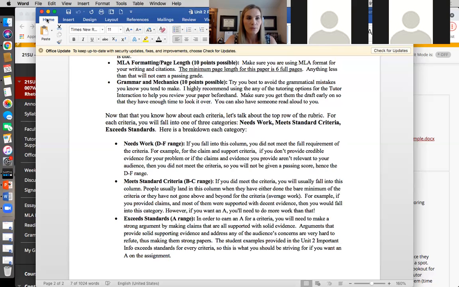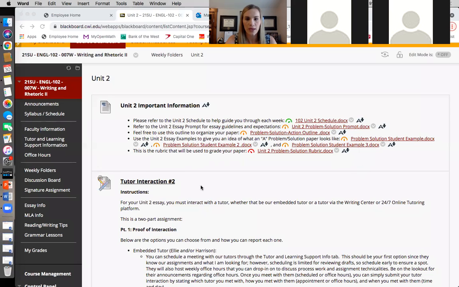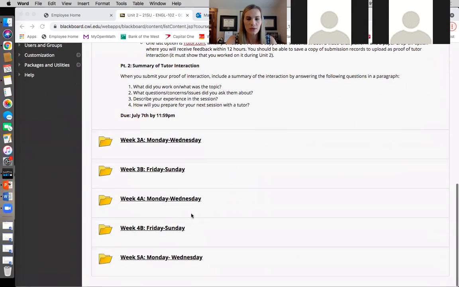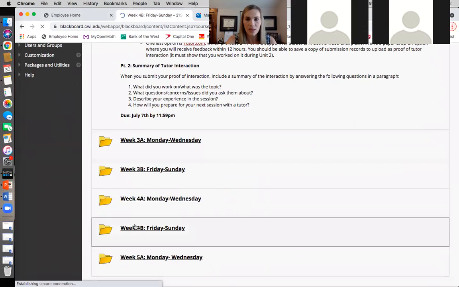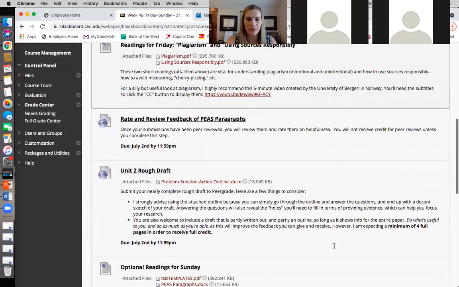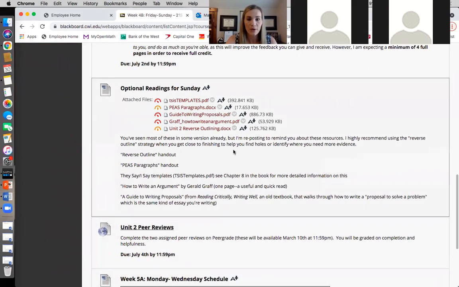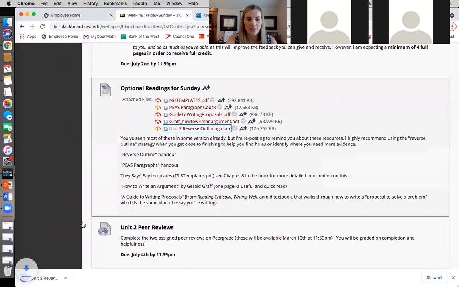Okay, so what I want to do is bring up a fun little tool or exercise that you can do. It's actually one of the optional readings for Sunday. It's something that I really highly recommend that you do with your paper, and it's the reverse outlining.